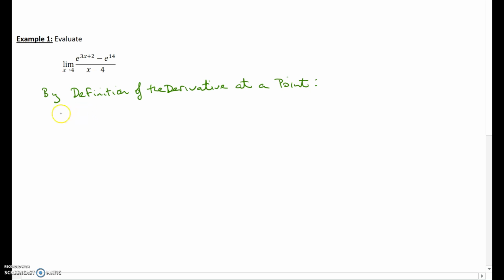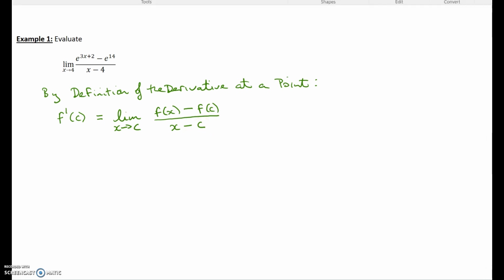The definition is f prime of c, in other words, the derivative of a function f of x at c, is equal to the limit as x approaches c of f of x minus f of c all over x minus c.